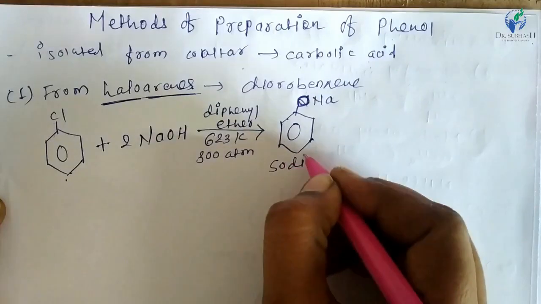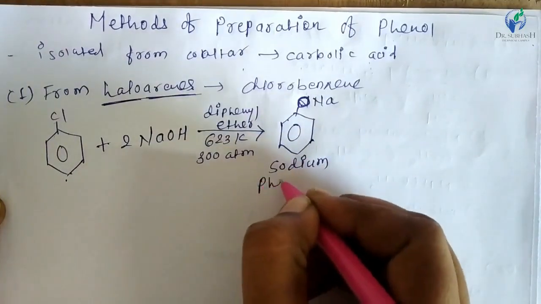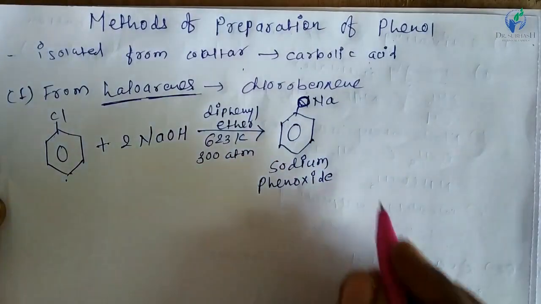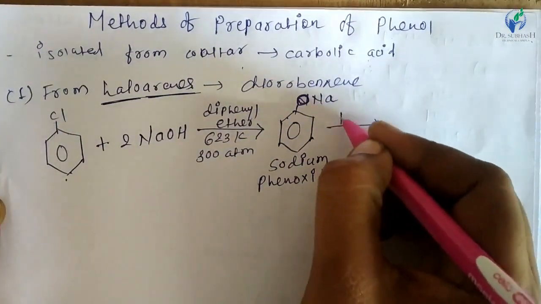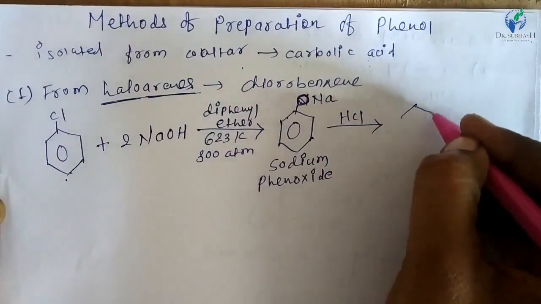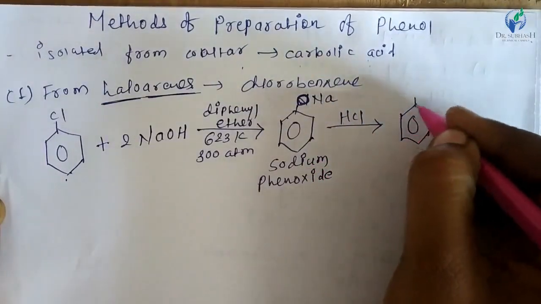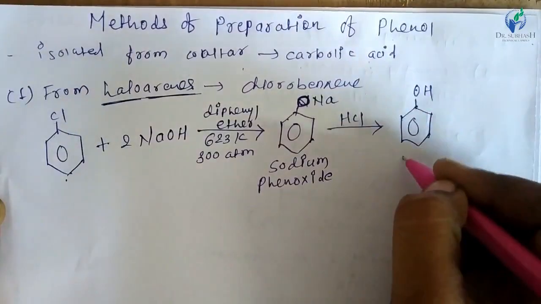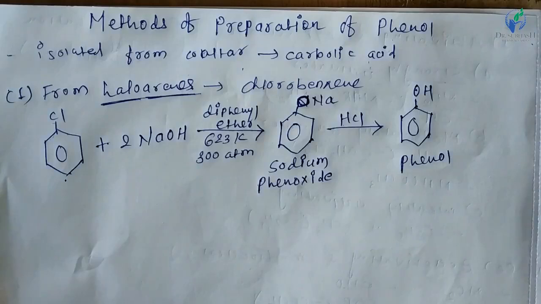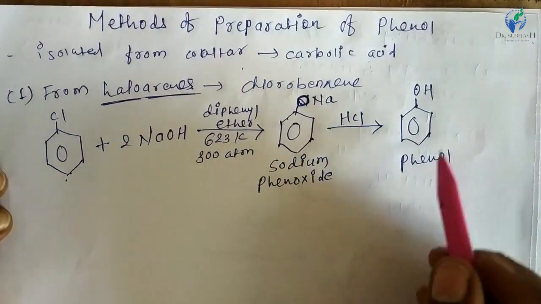Then on acidification, sodium phenoxide is converted into phenol, OH. Right? So by using this method, chlorobenzene is converted into phenol.